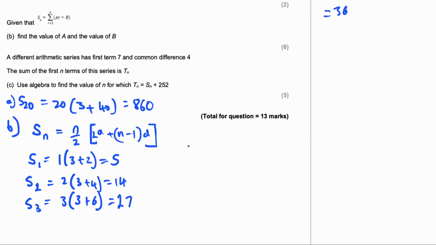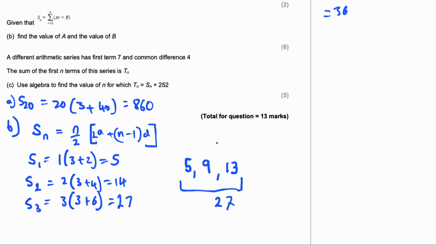So if the first term is 5, and the first and the second terms add up to 14, that means the second term must be 9. And if the first 3 terms add up to 27, and these two add up to 14, then the next term is 13.